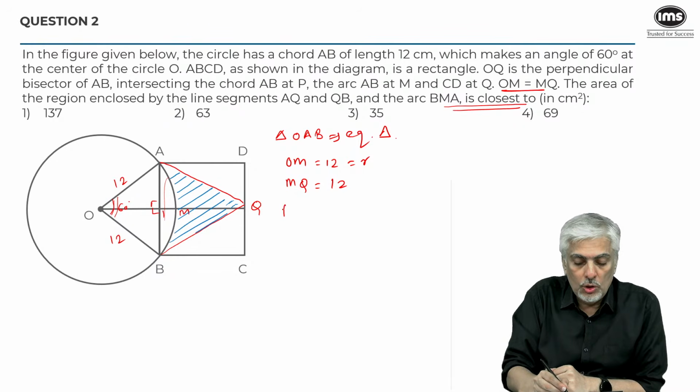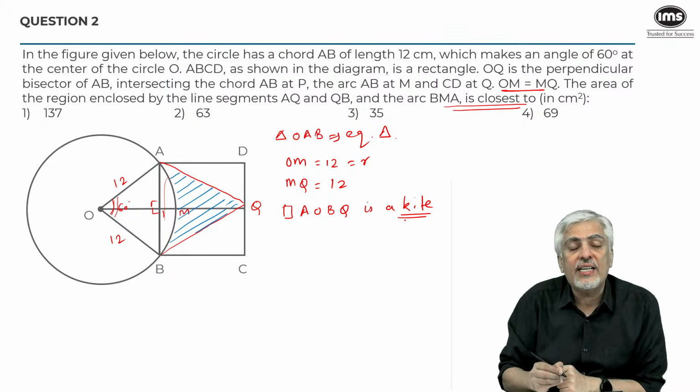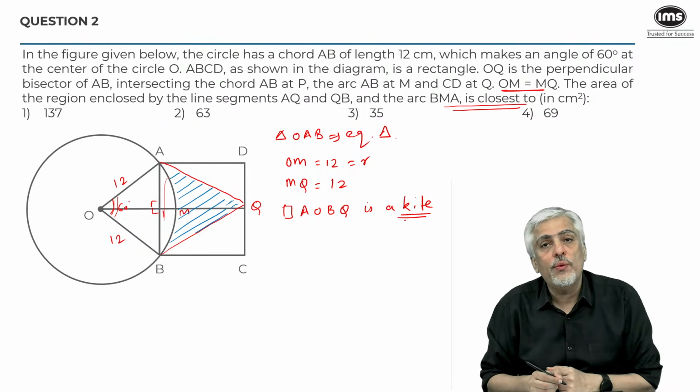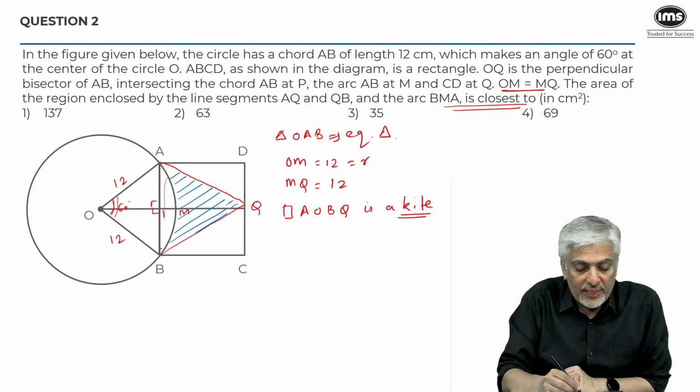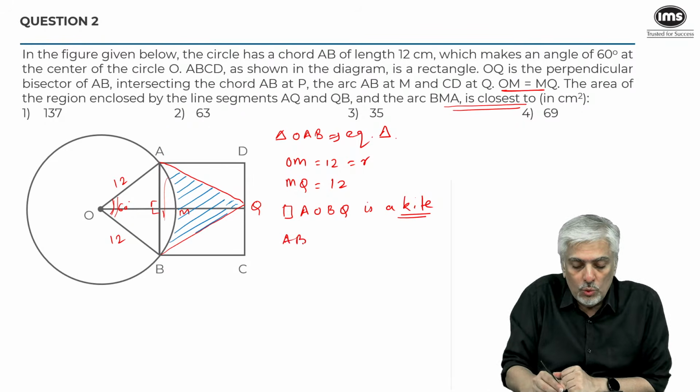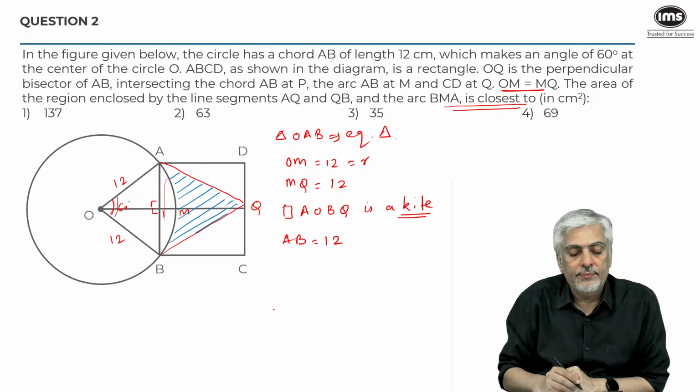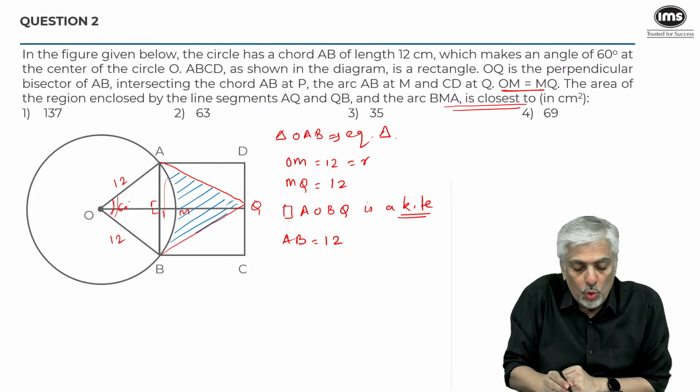Quadrilateral AOBQ is a kite. It is not a rhombus, but it is definitely a kite, where if you look very carefully, you already have both the diagonals. You have one diagonal AB, which is 12, and you have the other diagonal OQ, which is OM plus MQ.